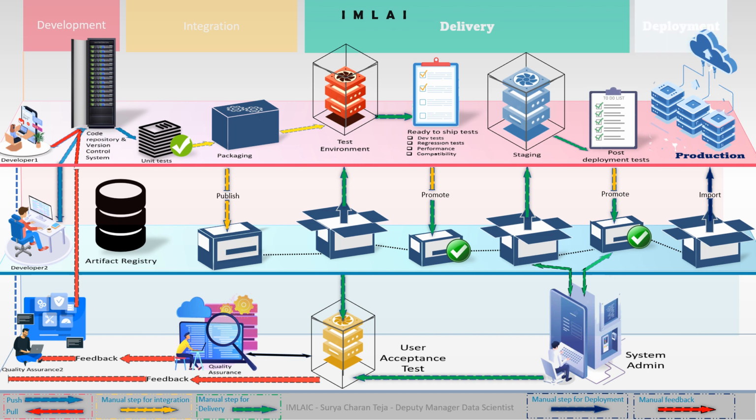Once it passes the quality gate, we'll publish it into the artifact repository. Then from there we'll set up the staging environment. Then we will import that whole package, untar that package, and put it into the server using a service, and then finally we will expose it to the external world using a URL, using a specific domain. All those things we are going to do in this course.